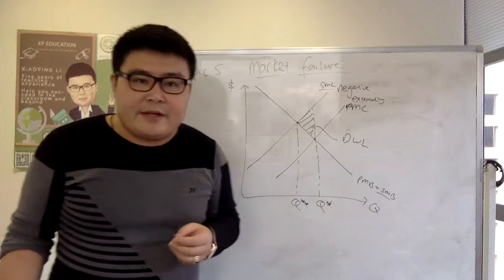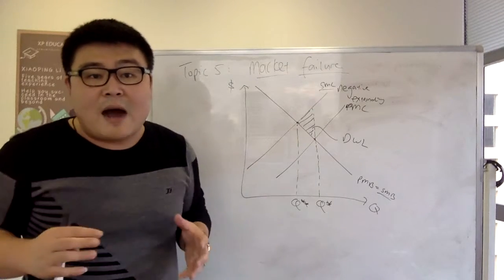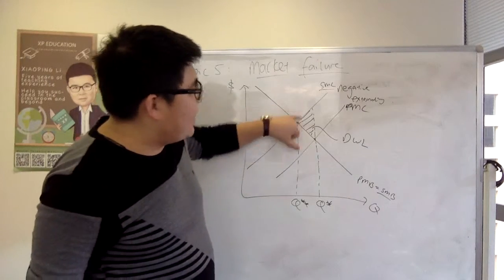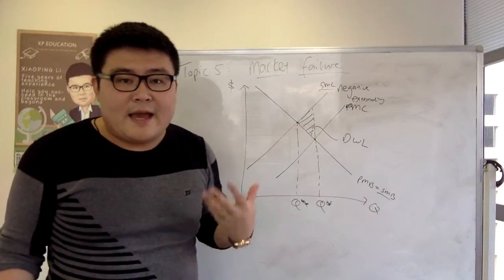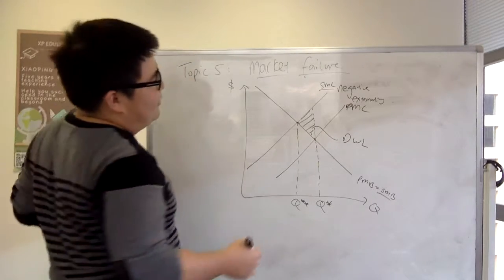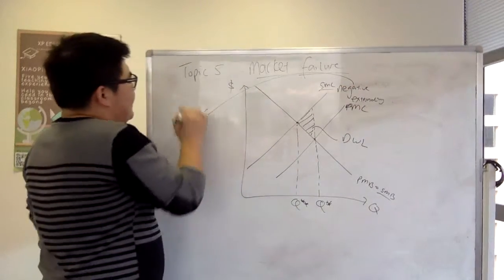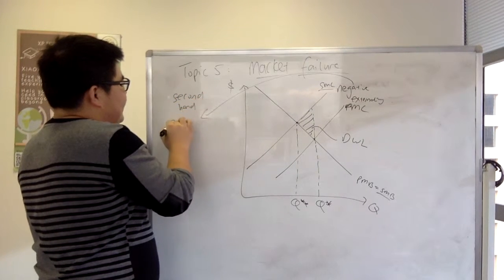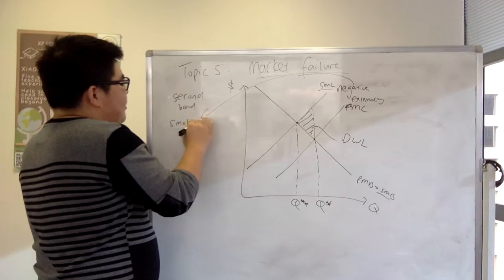Now, whenever there is a deadweight loss, this means that the market is inefficient, and obviously this area here highlights the fact that it is a negative externality, okay? Now, what is a classical example of a negative externality? You think about secondhand smoking, yes?